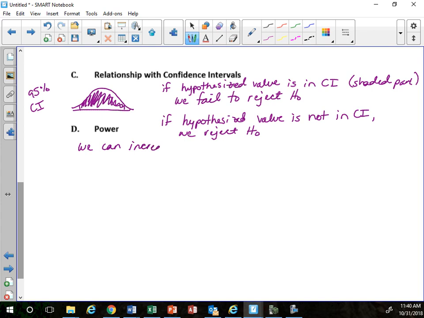The ways you can increase it are by increasing alpha, increasing your sample size, or decreasing your sigma. And again, for right now, that's all you need. We're going to talk more about what power truly means, but for right now today, that's the key. Okay?